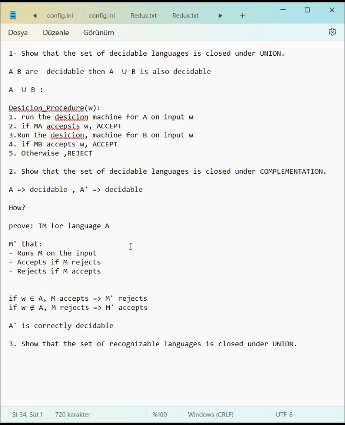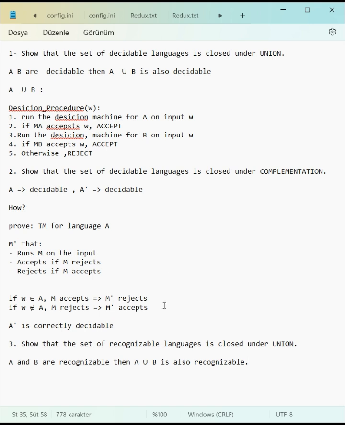In this question, our goal is to prove that if A and B are recognizable, then A union B is also recognizable. We prove that now.